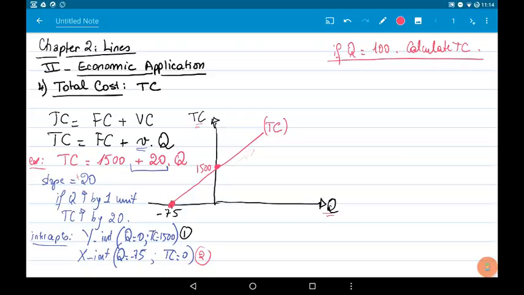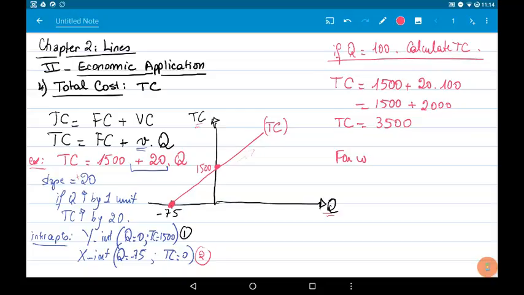This means we need to replace Q in the function with its value, which is 100, and calculate TC. TC equals 3,500.